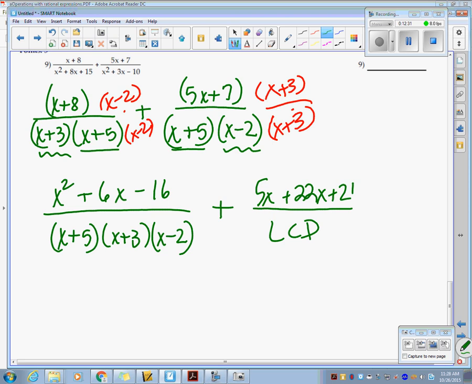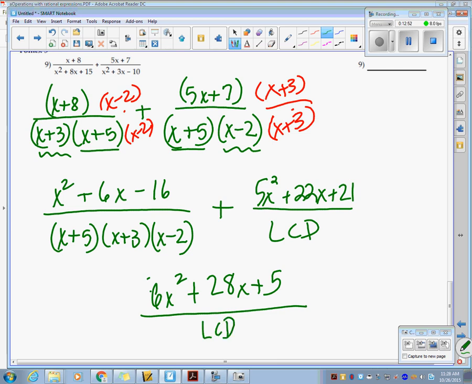So as we take a look at this one now, collecting like terms of squared there, you get 6x squared plus 28x plus 5 over the LCD. Now here's the time when we have to come up with our restrictions. X cannot be negative 5, negative 3, or 2. And then we're going to see if we can factor this.